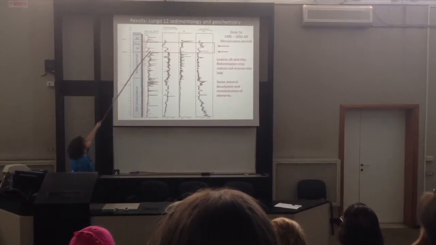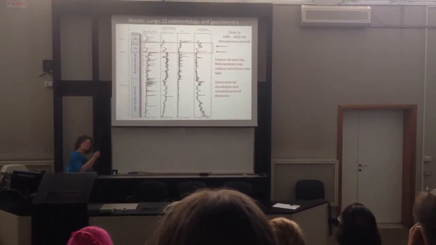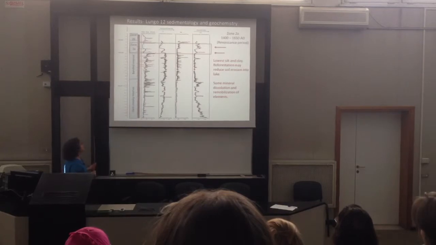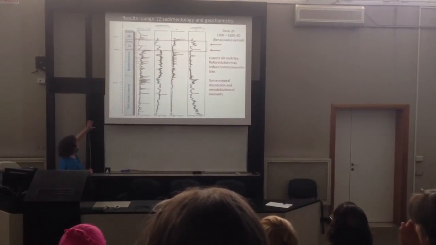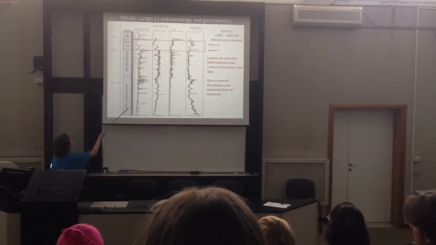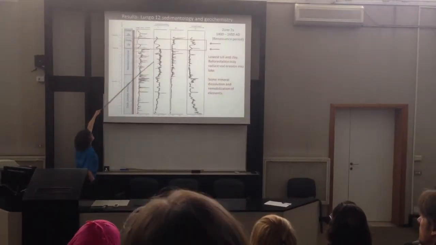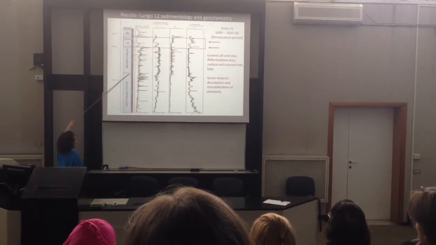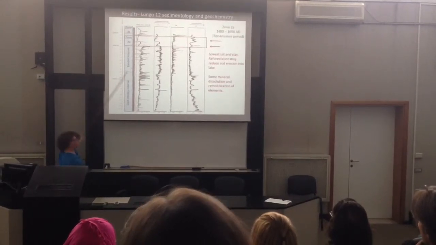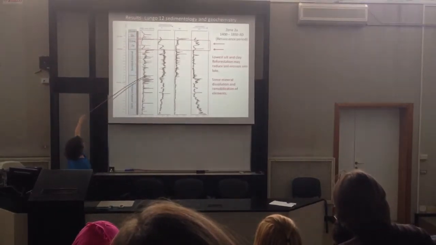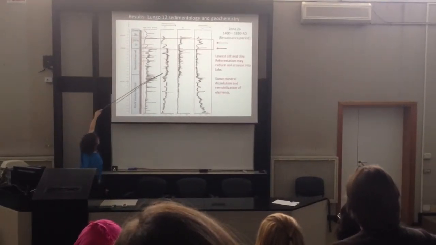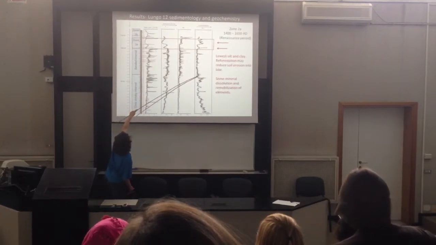Some of this we think has to do with dissolution of minerals, and that's bad because that's going to erase the original signature. But the parts that interest me the most are a little further down, because this is older than the previous cores. If you squint, you can see there's a change that occurs right about here, or maybe even a little bit lower.